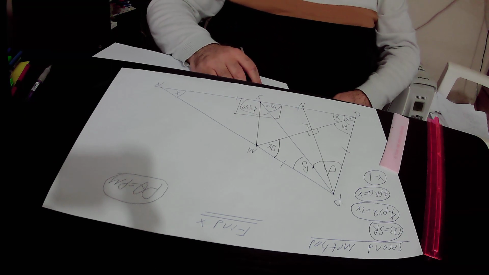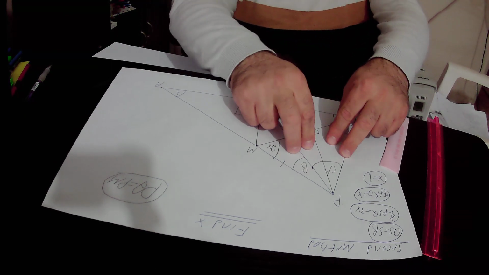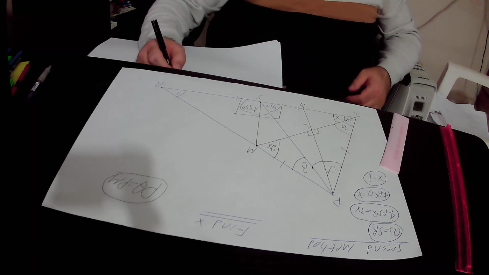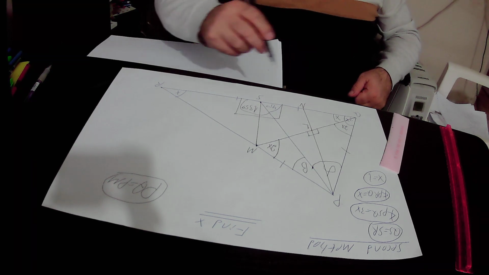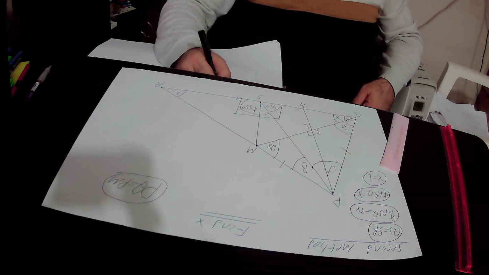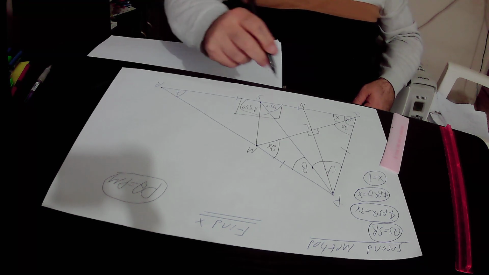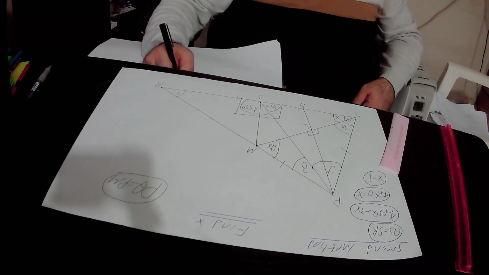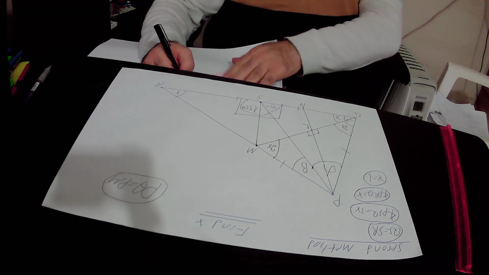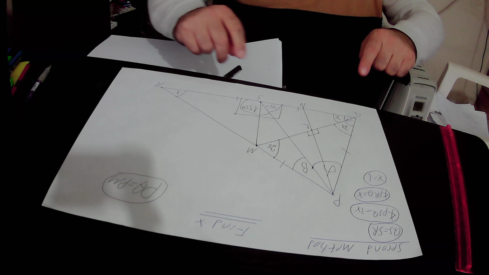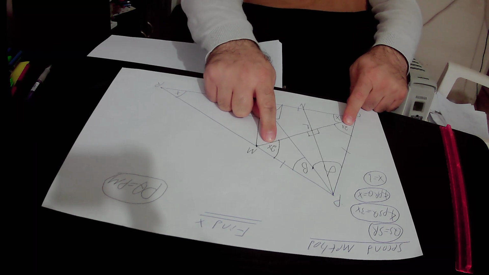Then we will focus on those two right triangles: triangle PQL, this right triangle, and triangle PML, this right triangle. So here in those two triangles, we know that those two angles are equal to each other, they are both equal to 2x.